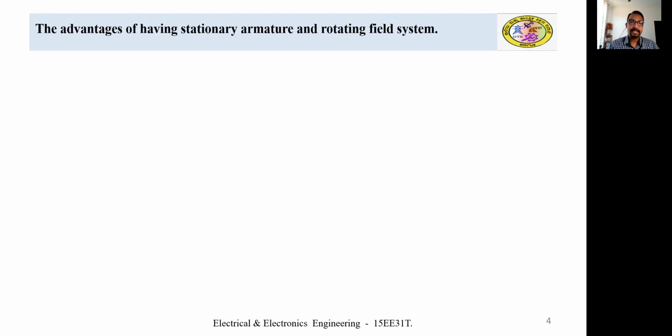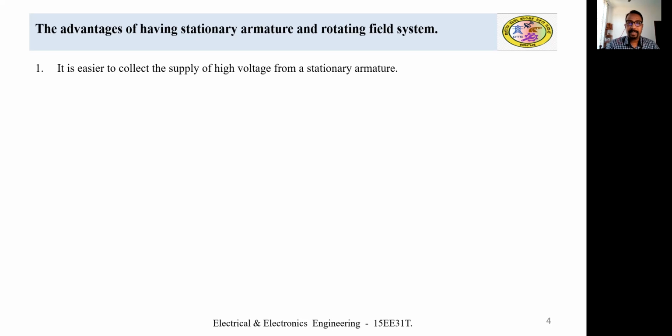Here are the points. The first point: it is easy to collect the supply of high voltage from a stationary armature. In a DC generator, as I told you, the armature is rotating, that means the conductors are rotating. Hence, it is quite difficult to collect the voltage generated in a rotating machine rather than from a stationary armature.